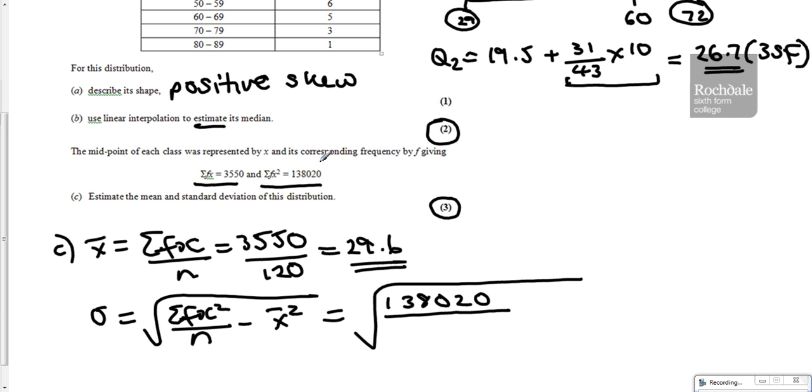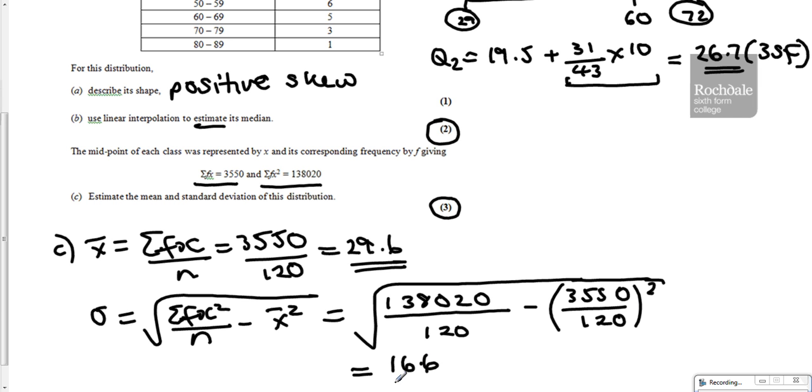So they've given us that value, divided by 120, that's the number of commuters, and then take away, now I'm not going to use that rounded value, I'm going to use this value here. I'm using that because it's more exact, so it's 3,550 over 120. And if you work all of that out, that works out to be 16.6. So if you've learnt your formulae, that's a nice, easy exam question.